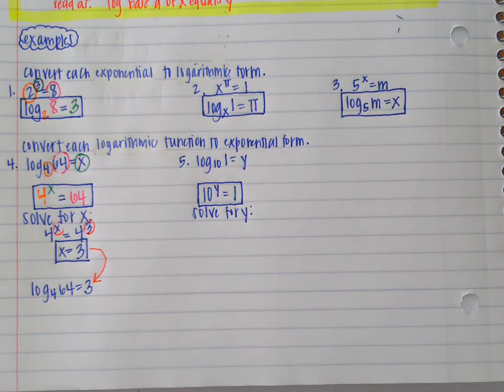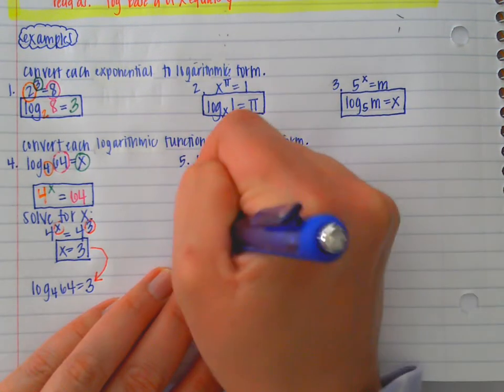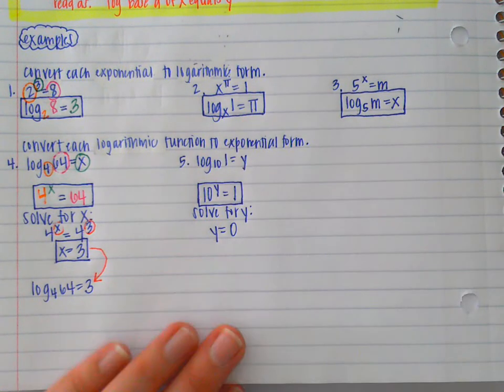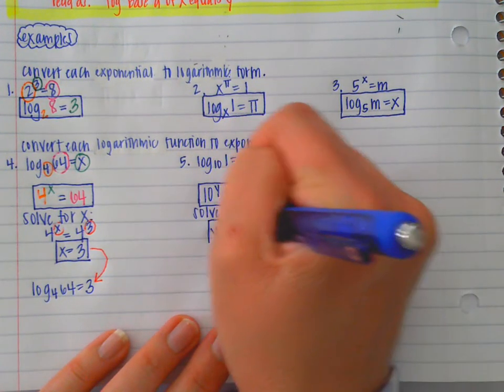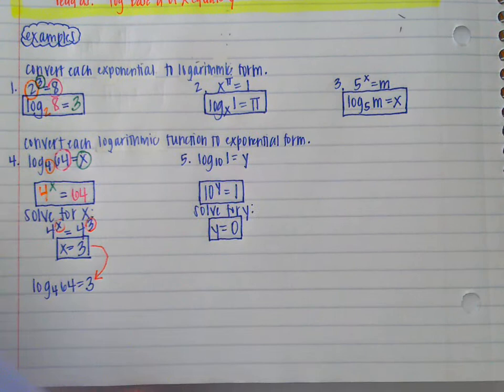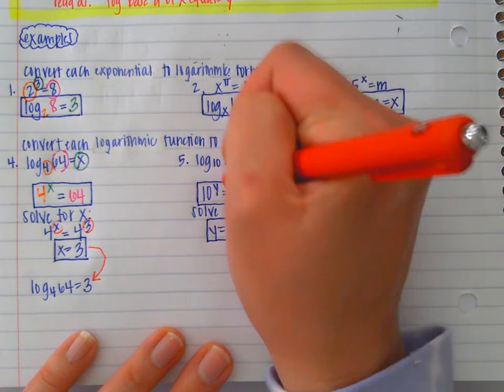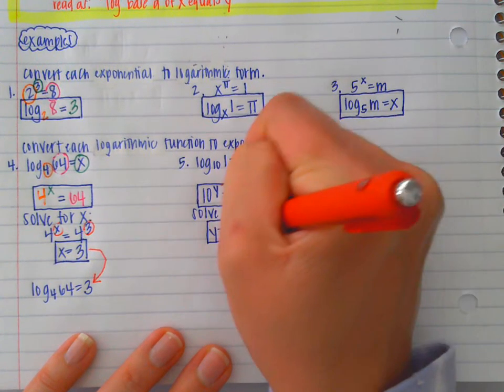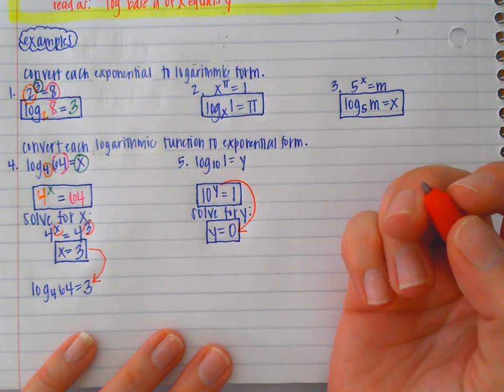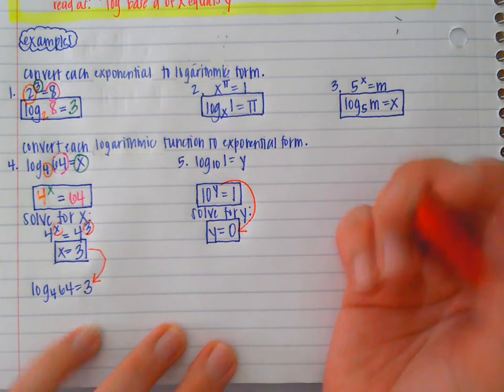Anything to the what power equals 1? We know that's 0. Y equals 0. It's something that we're going to be talking about again in another section. Knowing that, the exponent that turns a number into 1 is 0.